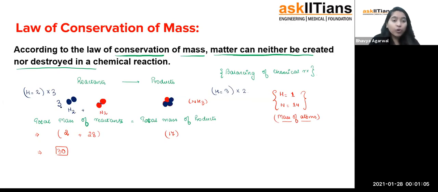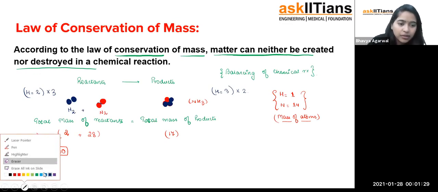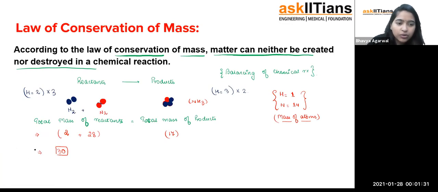Now, in ammonia, since once ammonia has been formed, I cannot change its formula. So what should I do in order to make it 6? I'll rather take 2 molecules of ammonia to get 6 as the value.